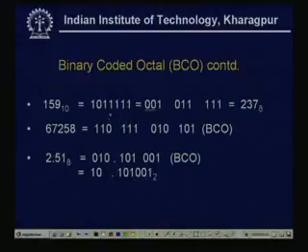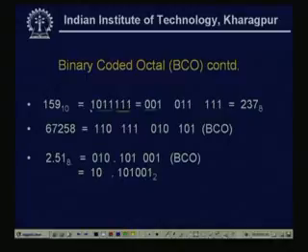We take 3 digits together, starting from the LSB side, from right to left. This 3 is grouped, this 3 is grouped, and only 1 1 is left.